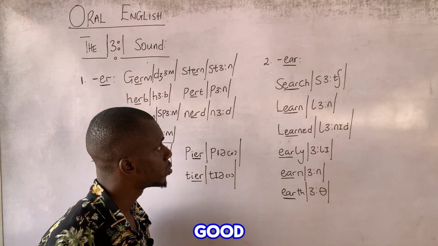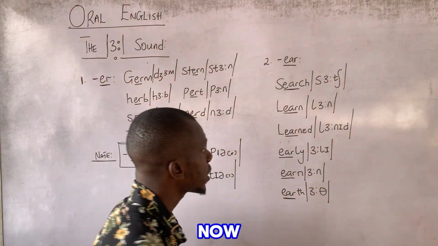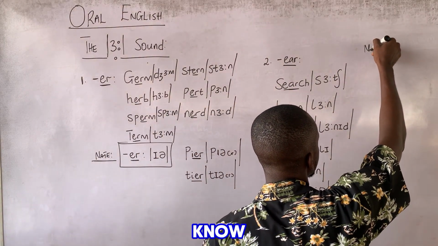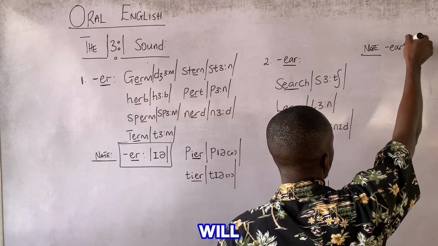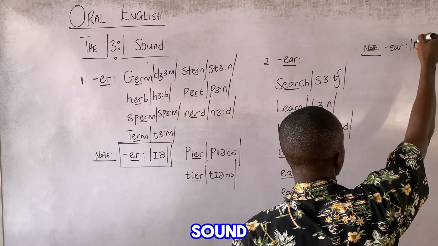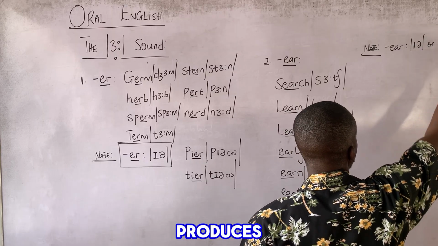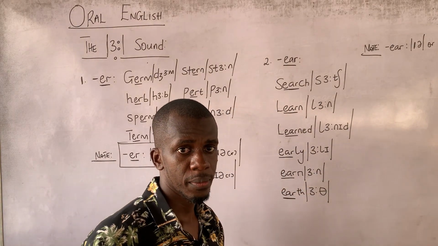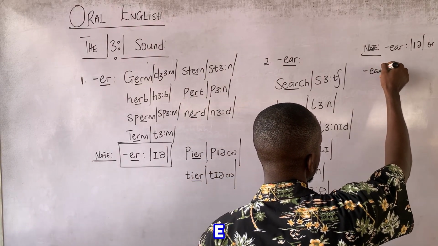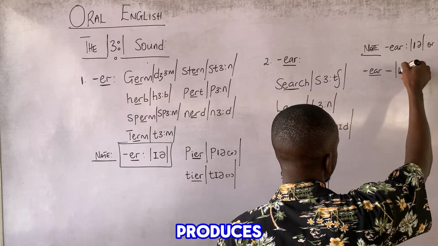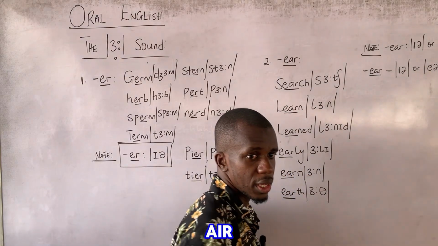Are we there? Good. So EAR gives us this sound. Now we have to equally note that EAR will produce a sound also known as ear, and sometimes it produces something we call air. The letters EAR produce ear or something we call air.